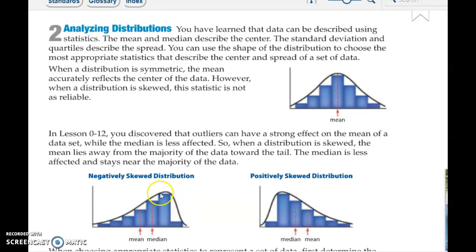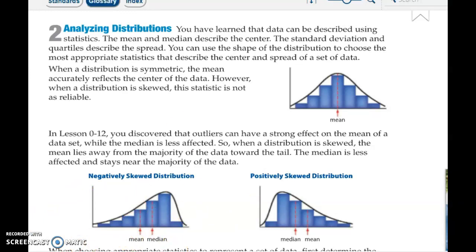Well, how can that happen even though most people have A's and B's? Well, this guy didn't study and maybe this person hasn't taken the test yet, so they have 0%. Those one or two people can totally throw off your data, which is why you have to be careful when looking at information.